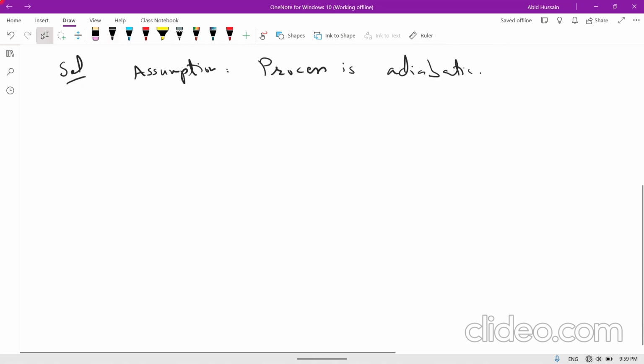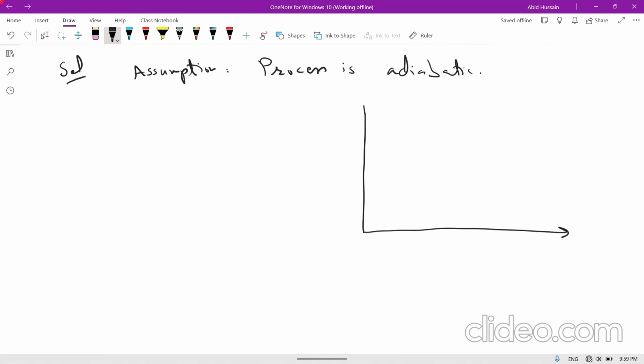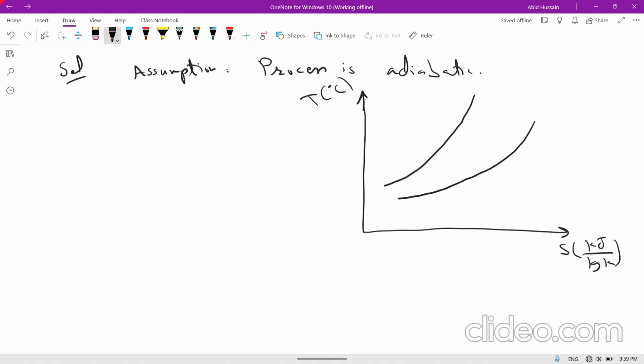So first we draw the TS diagram, with temperature in degree centigrade and entropy in kilojoule per kilogram per Kelvin. Now P1 and P2 are given to us. P1 is equal to P, so P2 is 4 times P1, so P2 is equal to 4P.